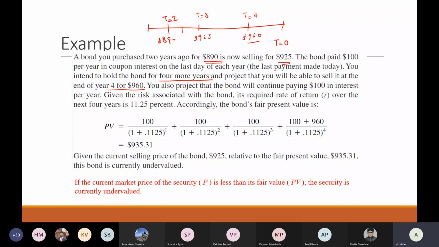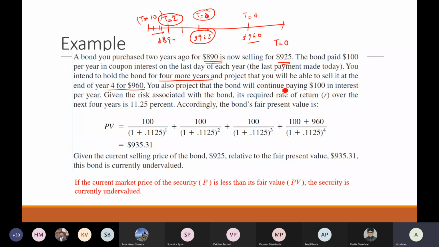So this is a hypothetical case, and it is assumed because your bond, let's say, was issued in T minus 10 years. So this is T minus 10, and in between this is T minus 2, this is T is equal to 0, and we are standing here. This is the present.